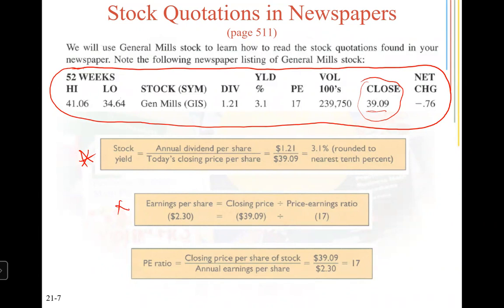So 39.09 divided by 17 gives you $2.33. That's the earnings per share. And then the PE ratio will be the closing price of the stock divided by the annual earnings per share, which in this case would be 39.09 divided by the 2.30 that we had up top here, which gives us 17.